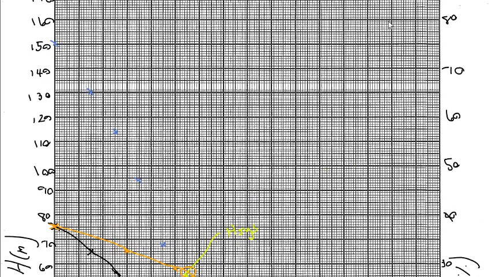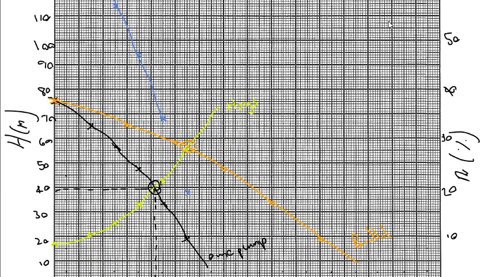Let's just redo it again. You need to try and get your line as smooth as possible, not wavy. So that should be more or less what it should look like.